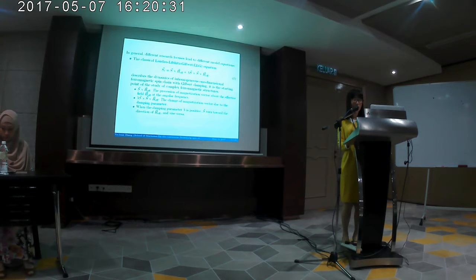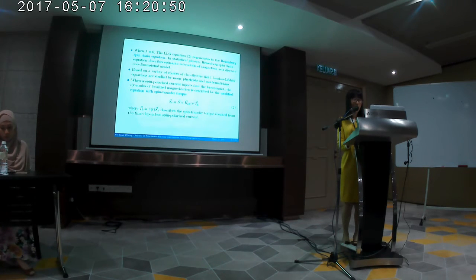The first term of this equation describes the precession of the magnetization vector around the effective field H_eff with angular frequency. When the damping parameter lambda is positive, S tends toward the direction of H_eff and vice versa. When lambda equals 0, the Landau-Lifshitz-Gilbert equation 2 degenerates to the Heisenberg spin chain equation.